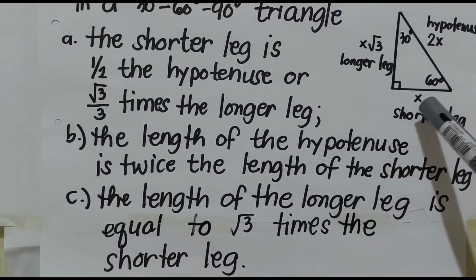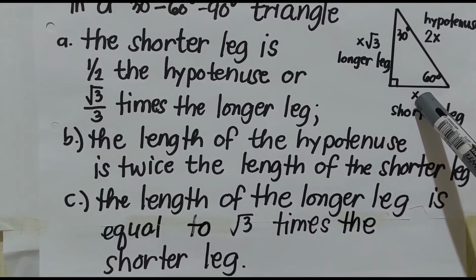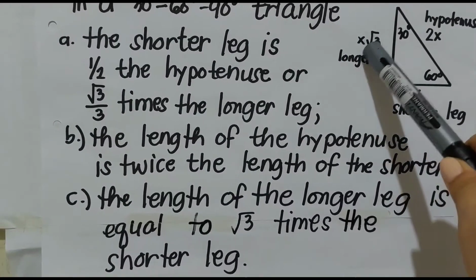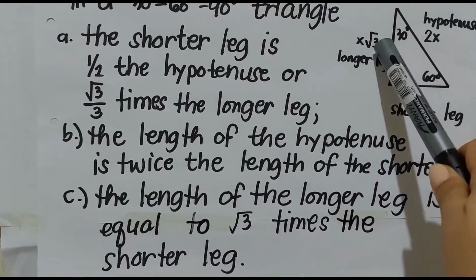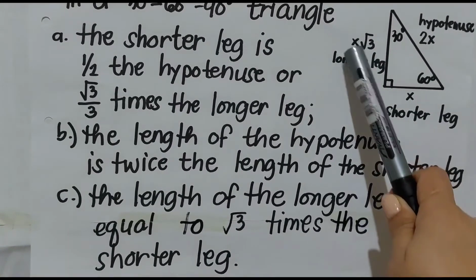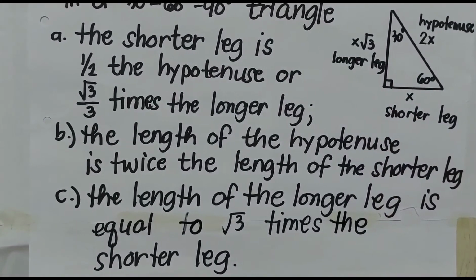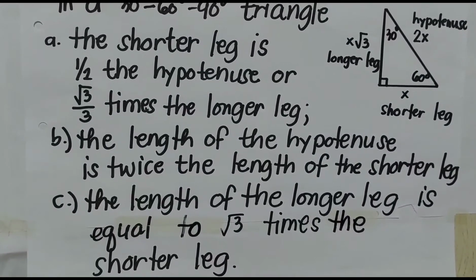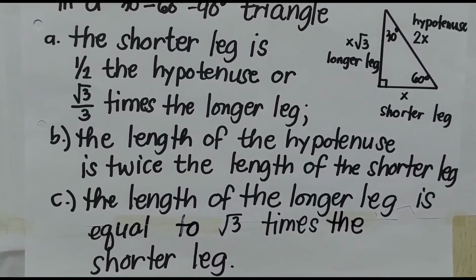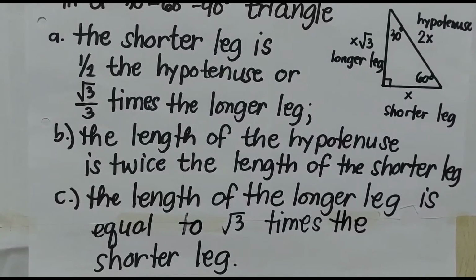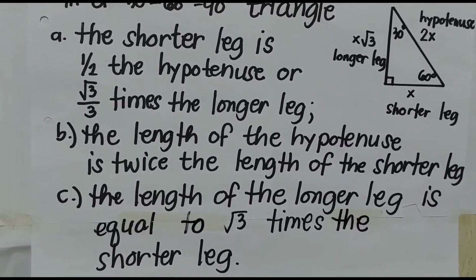So, mao na siya kung ang shorter leg nimo is x, so times square root of 3, so x square root of 3. So, kung 5 na siya diha, so 5 square root of 3. So, mao na siya itong na-discuss. I hope na remember pa because we'll be using this one in our next lesson.